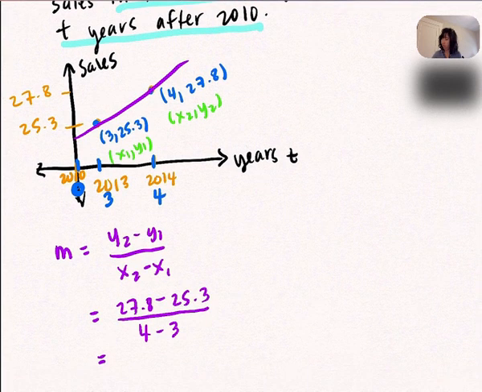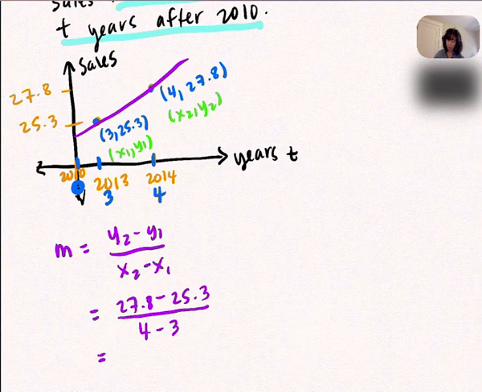If we simplify this, we get 2.5. So the slope of this line is 2.5. Once I find the slope of the line, I can use the y minus y1 equals m times x minus x1 formula to find the equation for it, because we know 2 specific points. So you only need at least 1 point and the slope to find the equation for a line.